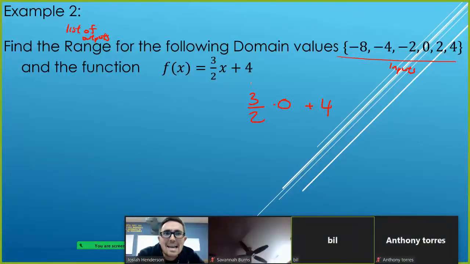I'm switching out x with one of the input numbers, the domain numbers. So f of 0 is equal to this on the right. Now we need to multiply, add, get our answer. Then we're going to start over and do it again with 2. f of 2 is equal to this business: 3 halves times 2 plus 4.